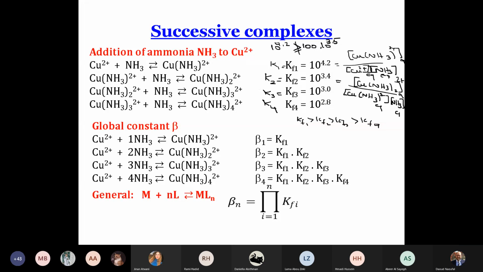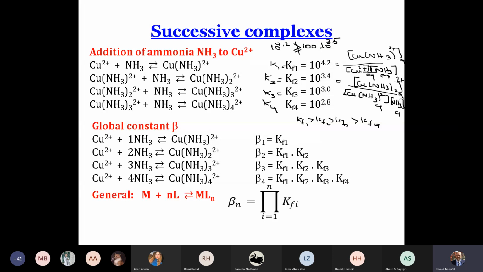So, as a conclusion, sometimes you add a ligand to a metallic ion and obtain one form of complex, and in other examples, you add M to ligands and obtain several complexes.